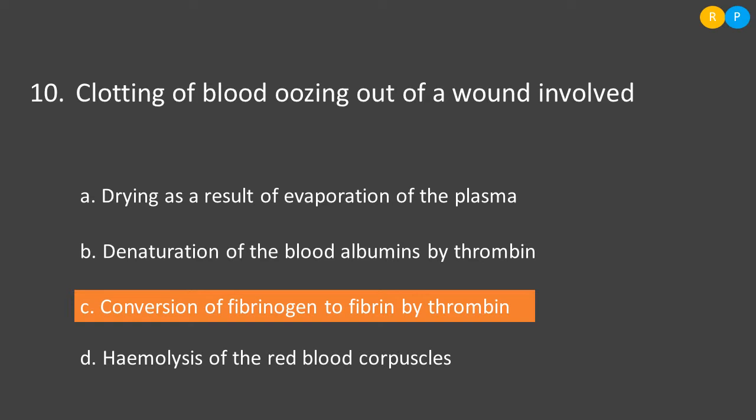Clear. Let us see the options. Option A, drying as a result of evaporation of the plasma. Plasma evaporation does not lead to the clotting of blood. Then option B, denaturation of blood albumin by thrombin.